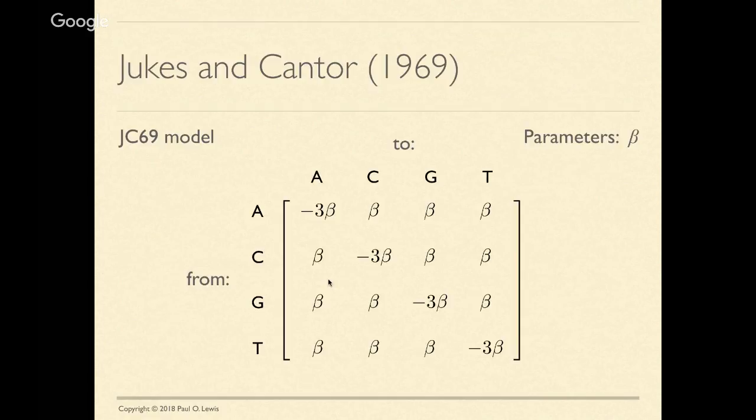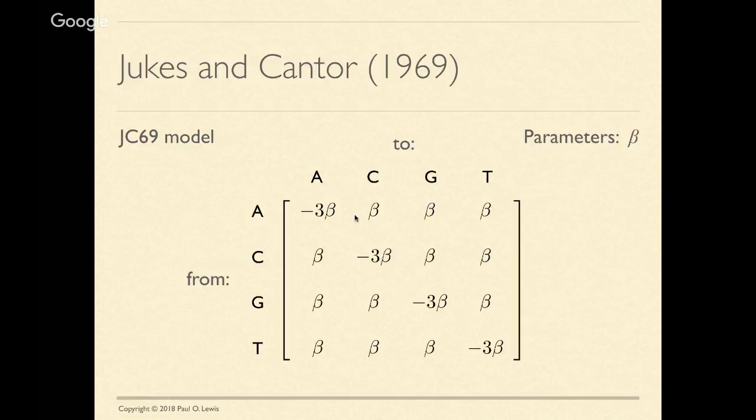So 12 of the 16 elements of this rate matrix are beta, and the other 4 along the diagonal are -3 beta. The -3 beta represents the rate at which A is dropping: if A is changing, for example, to C, G, or T at a rate beta, then the amount of A is dropping at a rate of 3 beta, and it's -3 beta because it's dropping.